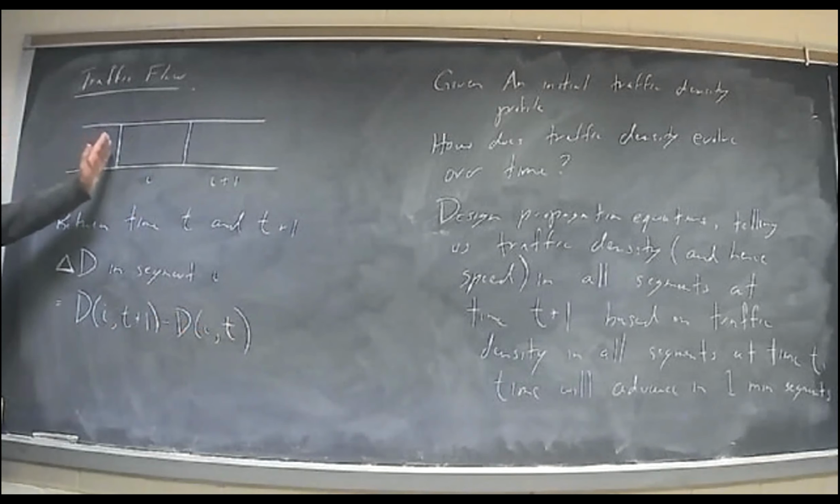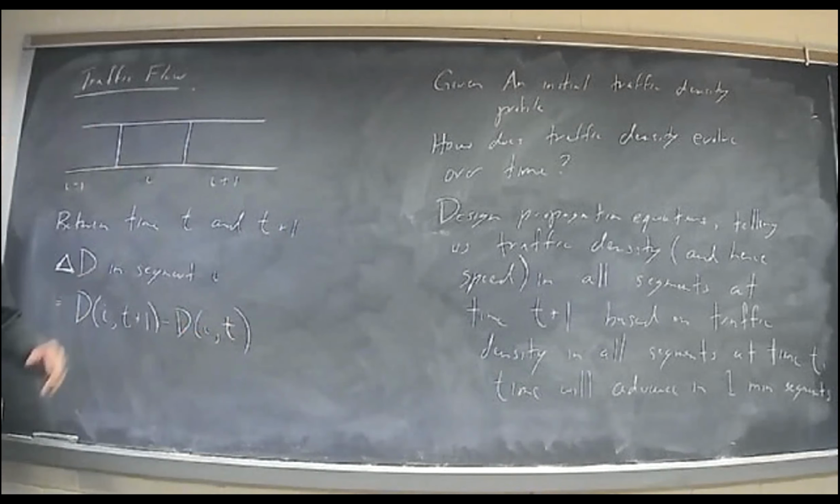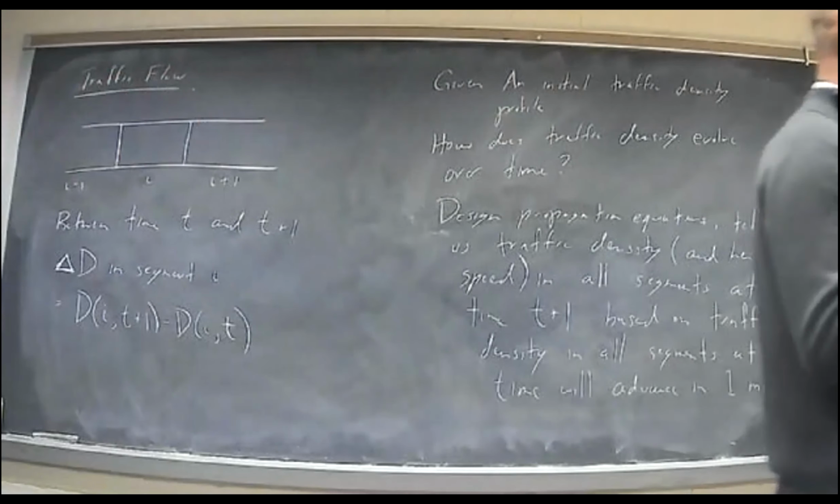Remember, since I broke this up into one mile intervals, the density in terms of cars per mile is the same as the number of cars in that segment.